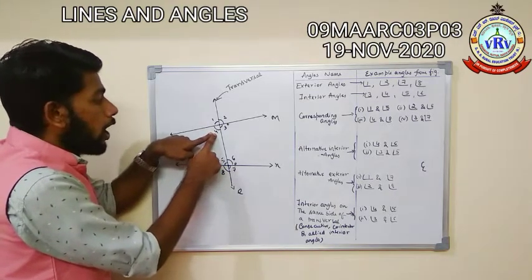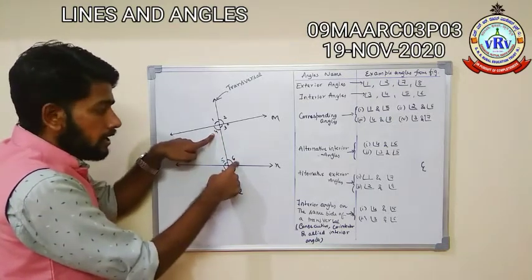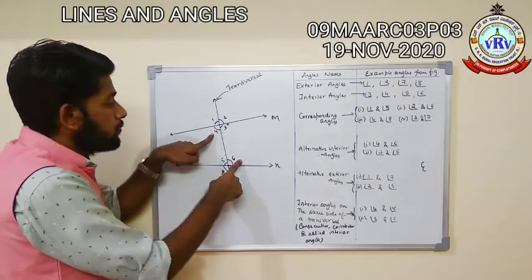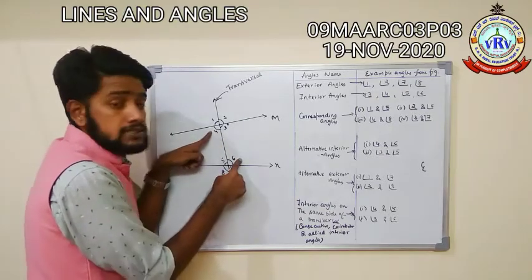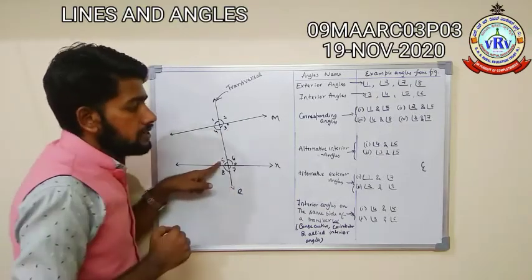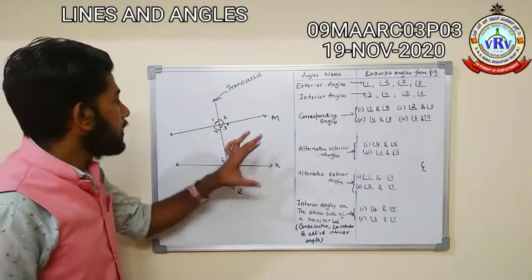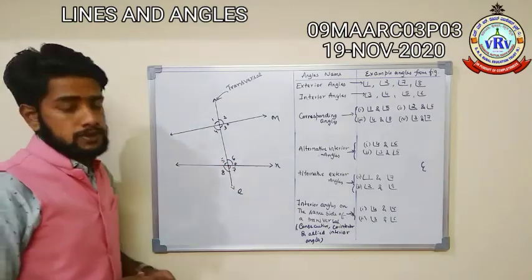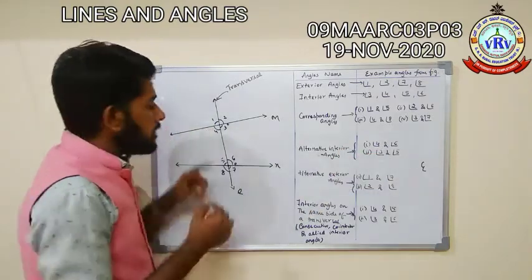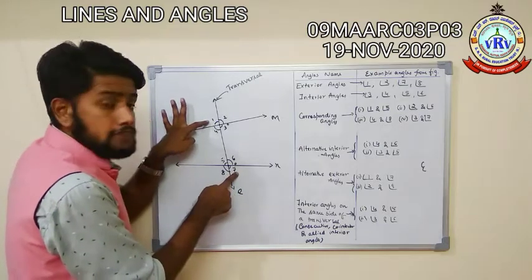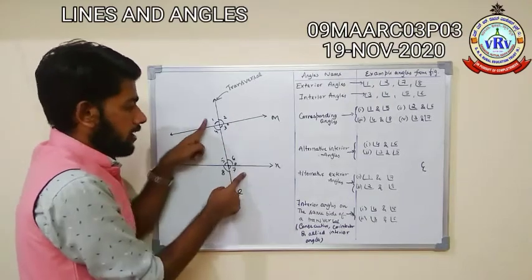For this interior angle, the alternate interior angle is 6, because these two are interior angles on different lines and on the other side of the transversal. For 4, 6 is the alternate interior angle. For 3, 5 is the alternate interior angle. Only 2 pairs of alternate interior angles we get with two lines and one transversal. So alternate interior angles are 4 and 6, 3 and 5. Similarly, alternate exterior angles are 1 and 7, and 2 and 8. You can observe these are alternate exterior angles.